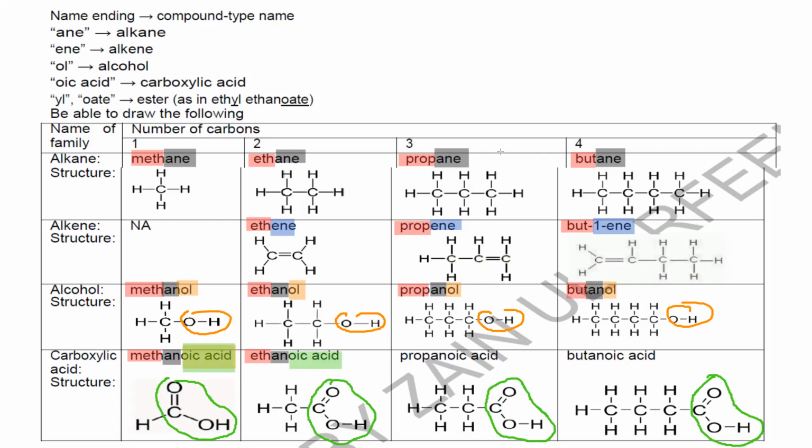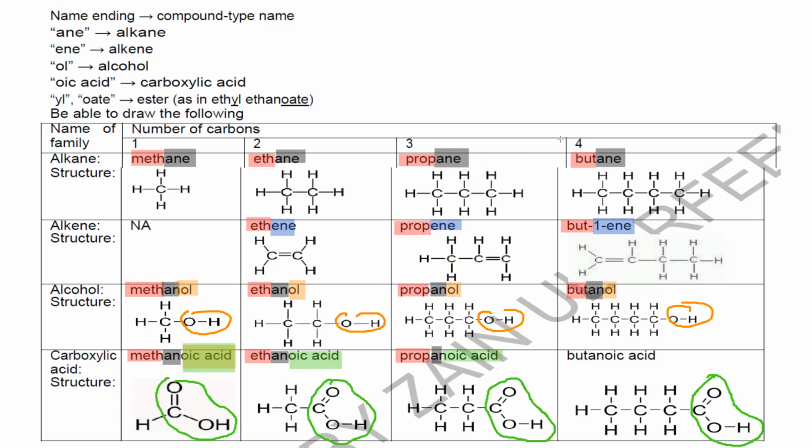And prop, because of 3 carbon atoms, single bond between them, and due to the presence of C double bonded with O and OH, it will become acid. So it will become propanoic acid.